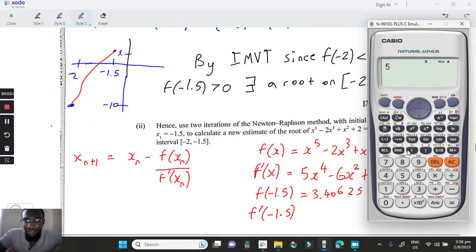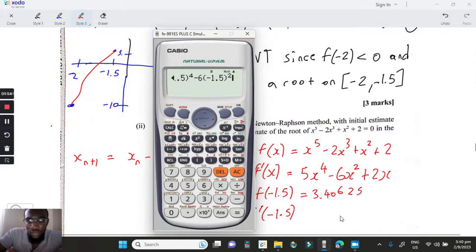The derivative: 5 times negative 1.5 raised to the 4th power, minus 6 times negative 1.5 raised to the 2nd power, and the next thing, when we differentiate it, was plus 2 times negative 1.5.